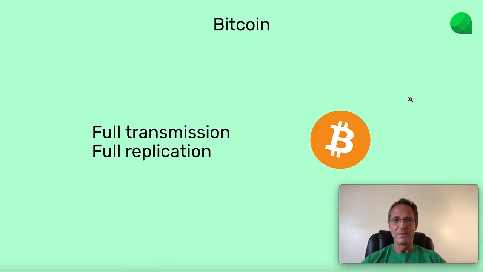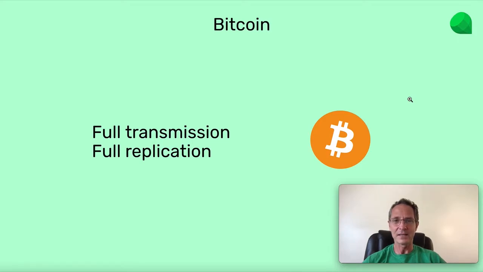One of the keys of Bitcoin security is that of the 50,000 to 100,000 computers that participate in the network, whenever any of the computers receives a new transaction to move Bitcoin from one place to another, from one account to the other, they retransmit that transaction to all the other computers in the network.